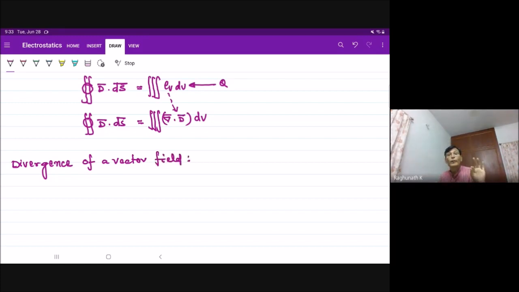But del bar dot D bar, the divergence of a vector field, is a scalar, because it is a dot product. If that vector field happens to be flux density, that scalar is the volume charge density. Correct? I'm talking about a vector field. Del bar dot V bar is a divergence.